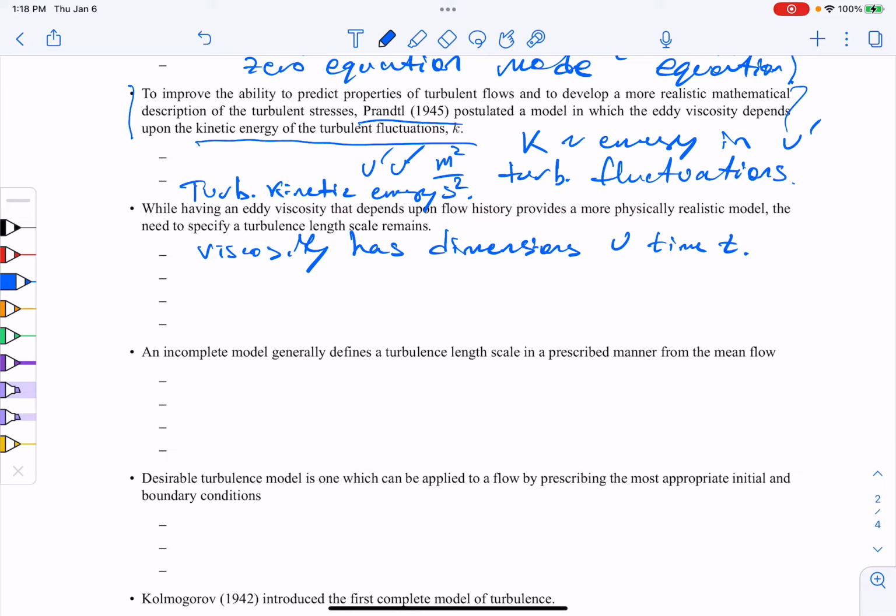So that'd be meters per second and second. That can't be right. Oh, sorry, this is length. Right, okay, now that's right. That gives us meters squared per second. And we might think of a length scale as a characteristic eddy size.